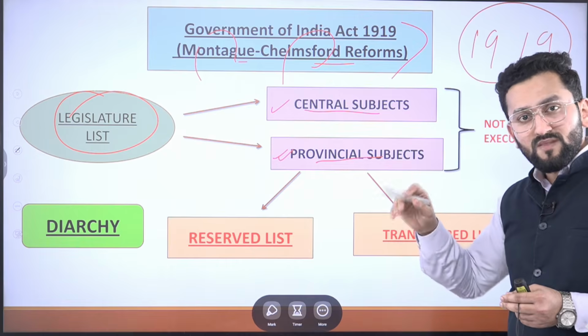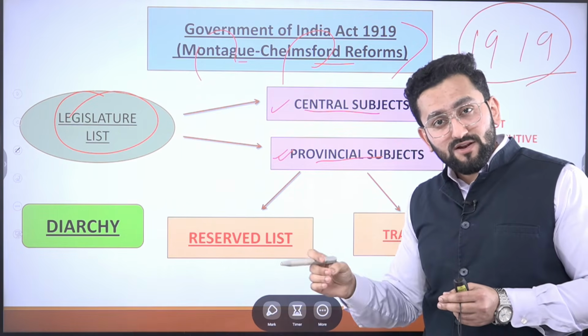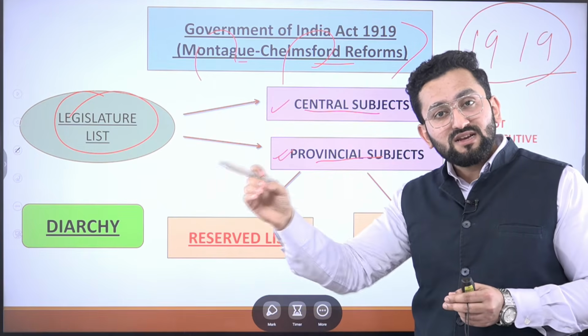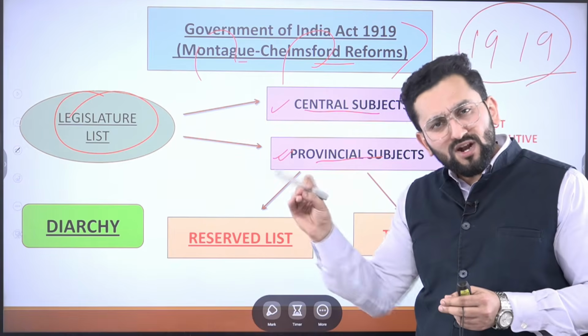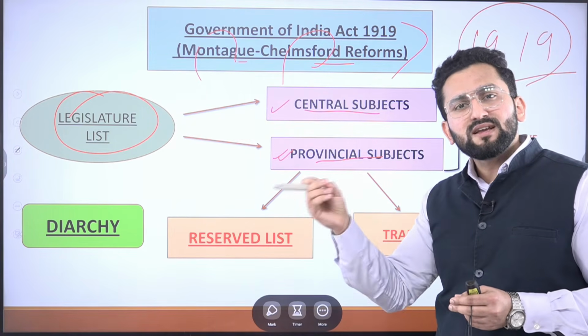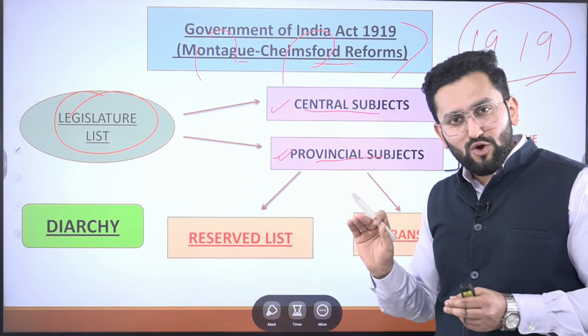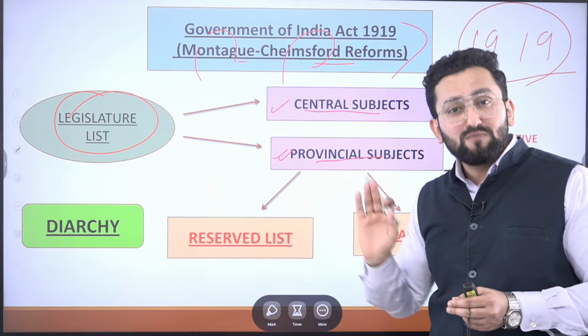Okay. And you also know that in our Indian Constitution, Schedule 7, we have the union list, state list, and also the concurrent list. Union list simply means the matters on which only the union legislature, Parliament, can make law. State list, matters on which the state legislature is going to make law, right?